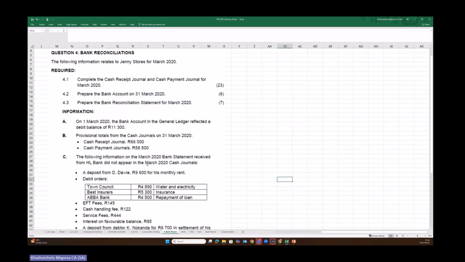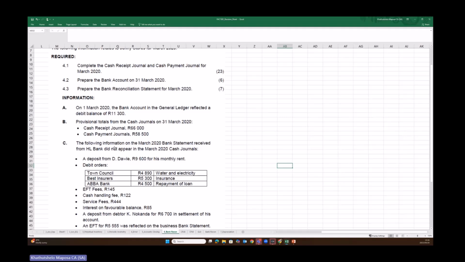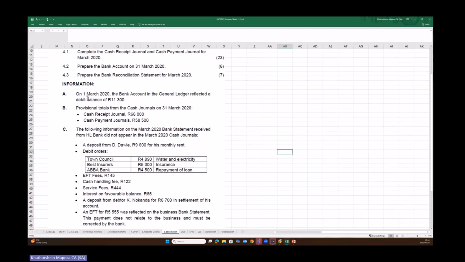The first one, we're preparing the bank reconciliation statement. They say on 1 March, these are the totals from the cash receipts and cash payment journals. When they were given to you like that, it means on the cash receipts journal, they said the provisional total of the bank is 66,000.